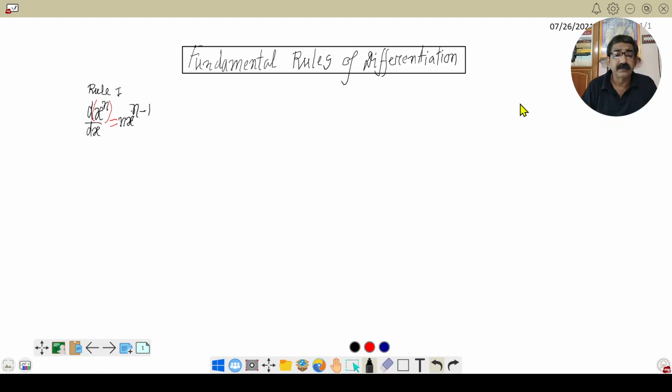Now it is time to test our knowledge on fundamental rules of differentiation. In the book of NCERT, the first formula on differentiation is given like this.